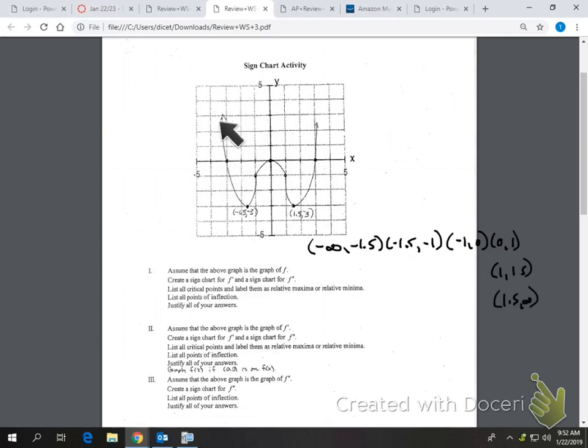Because the second derivative is positive, which means concave up, 0, then the second derivative is negative, concave down. Why is this not a point of inflection? Because it went from concave down and continued to be concave down. This is a point of inflection because the second derivative is negative, then the second derivative is positive. Point of inflection.